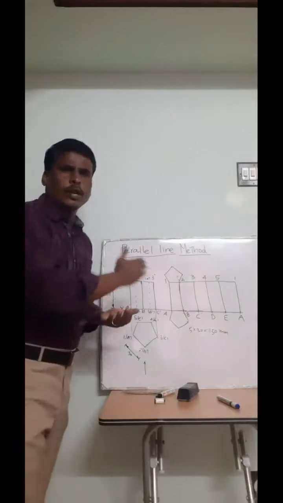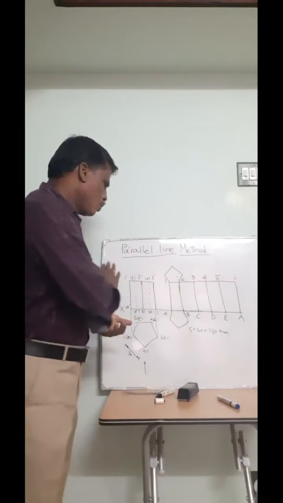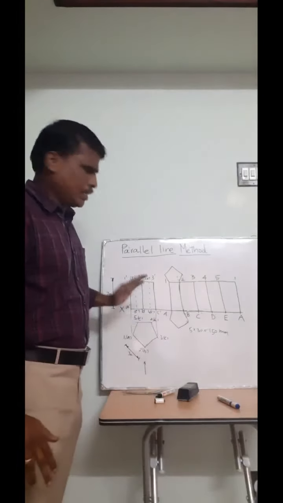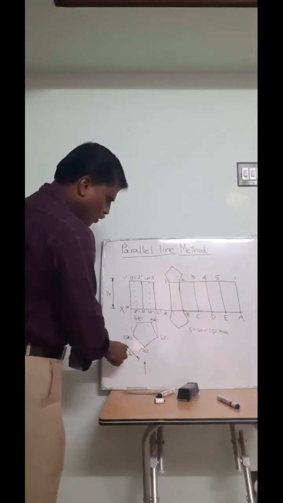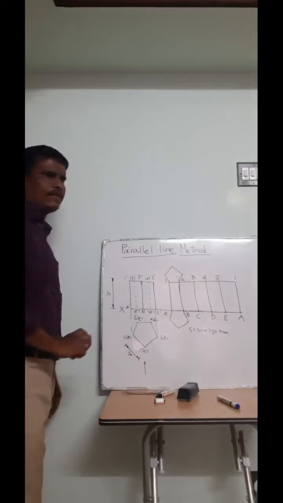Therefore, you need not worry about the tilting of the axis. So complete the simple position with proper dimensions. For this case, I am taking the base edge as 30 and axis as 70.